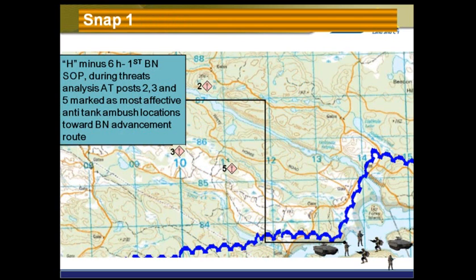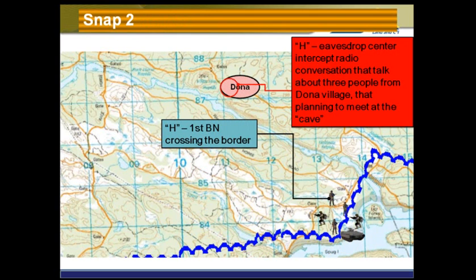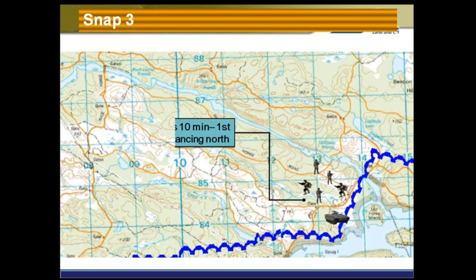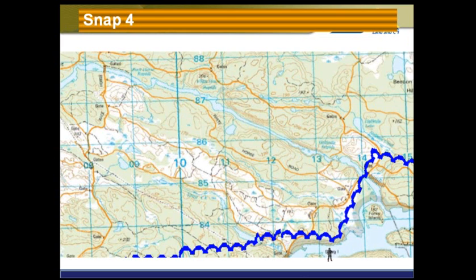Then at some point the battalion starts going, and they already know that there's a few anti-tank posts there. Then you keep going, you cross the border, and then somehow someone hears that there's 3 people from the Donner village that are planning to meet at a particular cave. Then you keep going, and you find that some civilians are moving west toward open terrain.